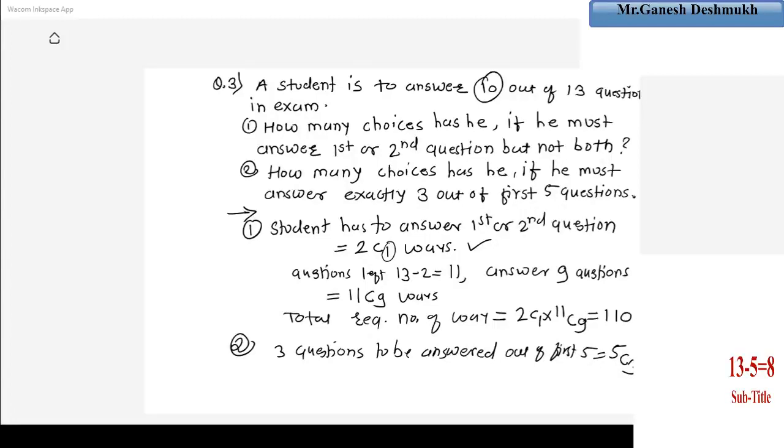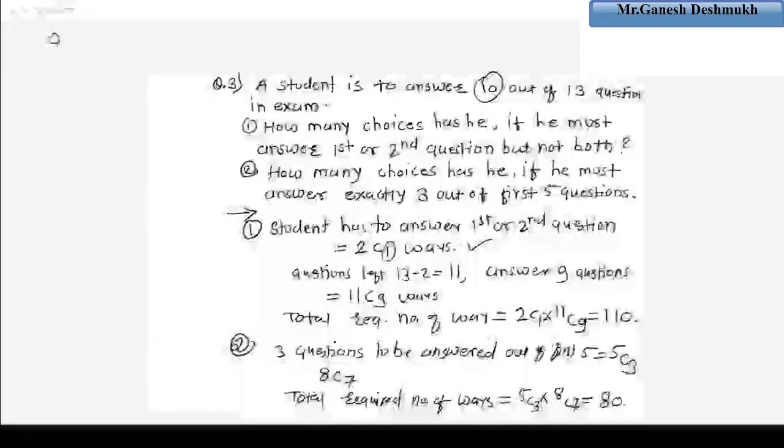How many are left to answer? 3 already answered, the remaining are 7. So this can be done in 8C7 ways.